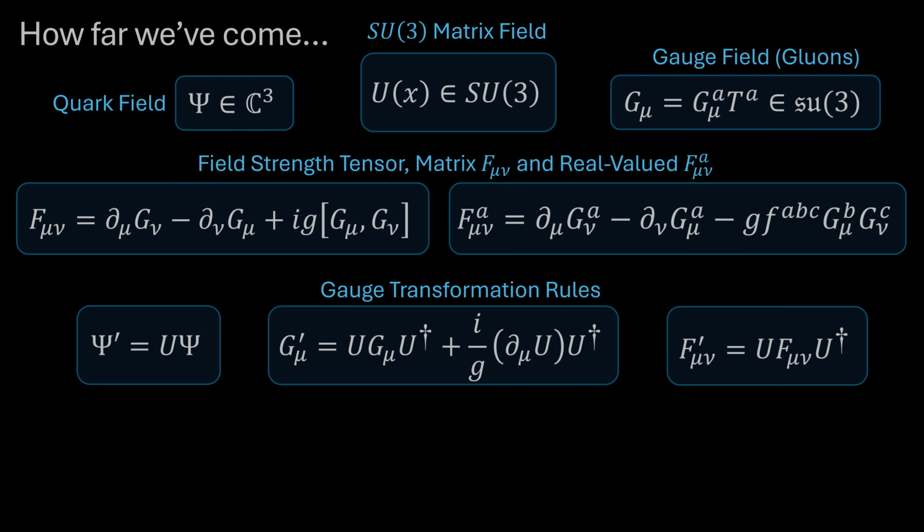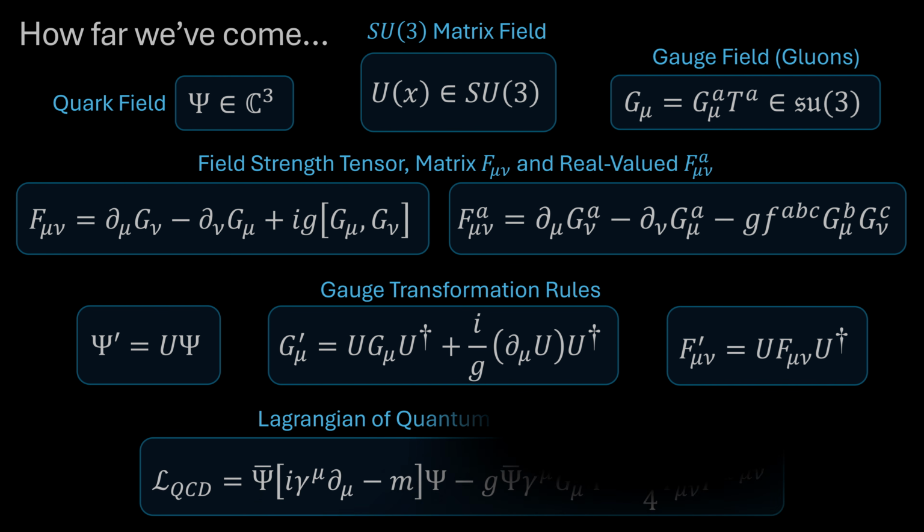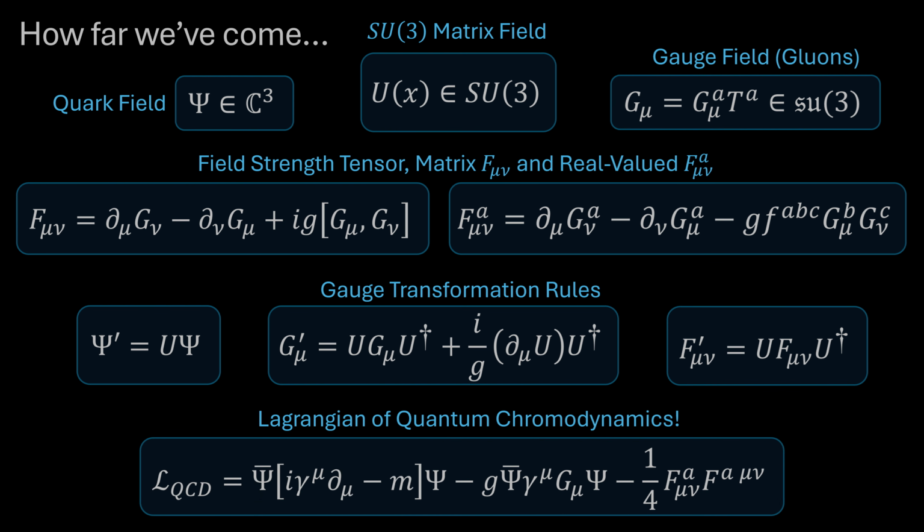Okay, and now finally, as we've seen just a few moments ago, we can account for the way in which the field strength tensor contributes to the Lagrangian in exactly the same way as we did for electromagnetism, the only difference being that now we have 8 real-valued field strength tensors, and so we're going to have 8 of that minus 1/4 F mu nu F mu nu in our Lagrangian.